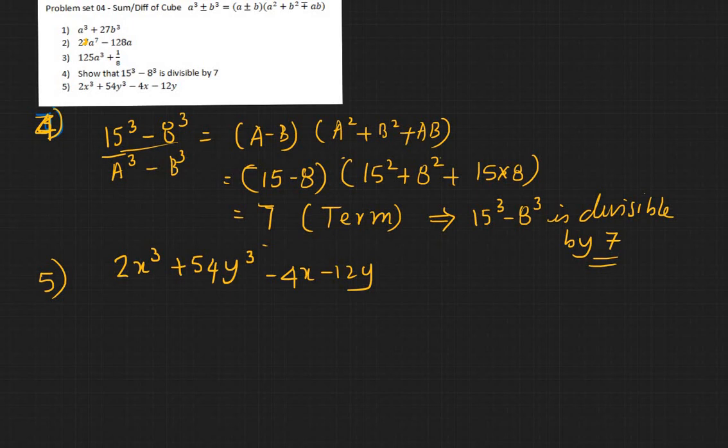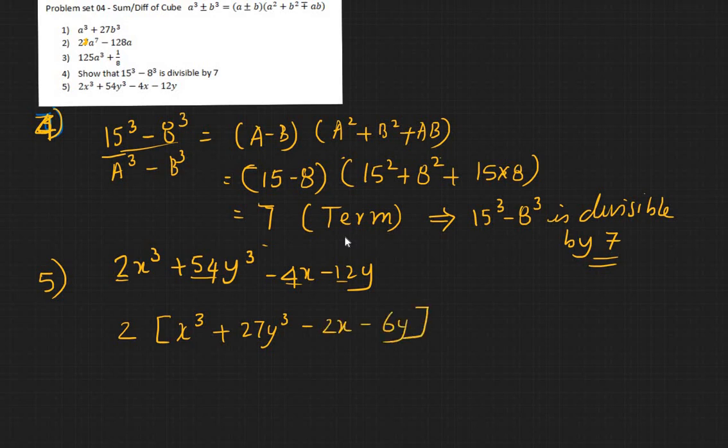The way I would approach this problem is to see whether there is anything that I can take common outside through the entire expression. So yes, I can take 2 outside, so that will leave me with x cube plus 27y cube minus 2x minus 6y.